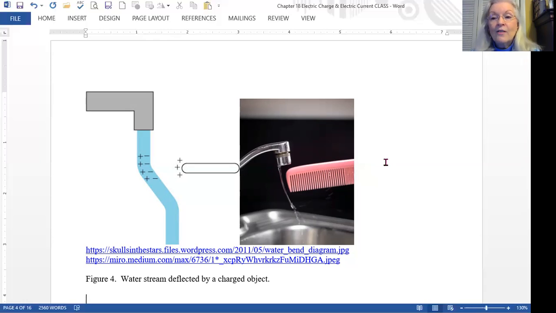And it doesn't matter if the comb is positive or negative. If the comb is positive, it'll attract the oxygen side of the water. If the comb is negative, it'll attract the hydrogen side of the water. So regardless of the charge on the comb, you're going to be able to bend that stream of water. It's a really neat phenomenon, and I hope you get a chance to try it.